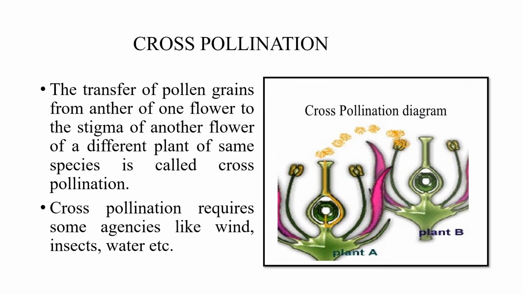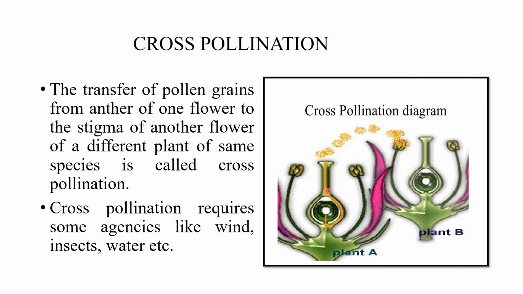Cross-pollination. The transfer of pollen grain from anther of one flower to the stigma of another flower of a different plant of the same species is called cross-pollination. See in this diagram, two flowers are given. This is in plant A, this is in plant B. Here from plant B, the pollen is transferred to the stigma of the flower found in plant A. Both are the same species only.